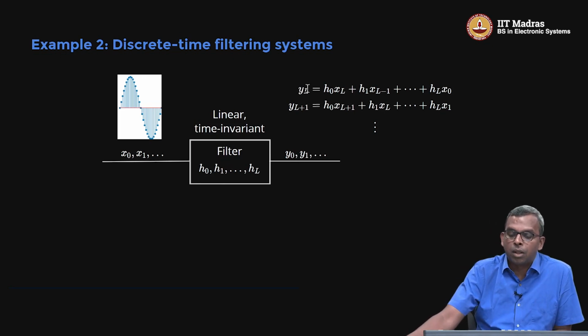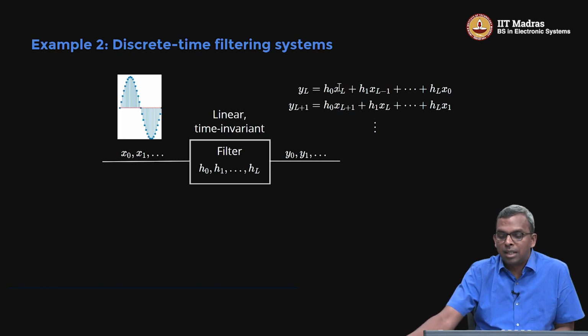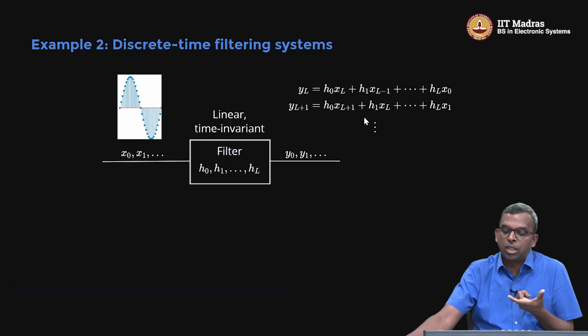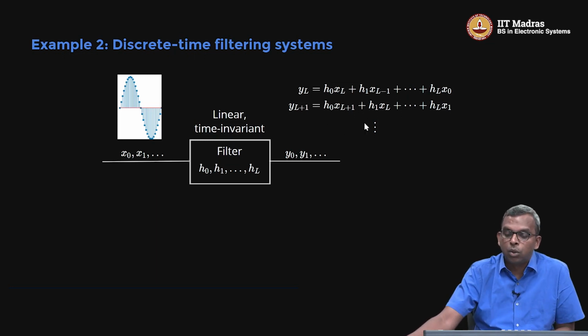You can see here that yL is h0 xL plus h1 xL minus 1 plus so on till hL x0, and then yL plus 1 is h0 xL plus 1, h1 xL, and so on. You can see that these inputs have shifted by 1 and you get yL plus 1. For yL plus 2, these inputs will shift further by 1, etc. You will see these kinds of systems later on in a signals and systems class.